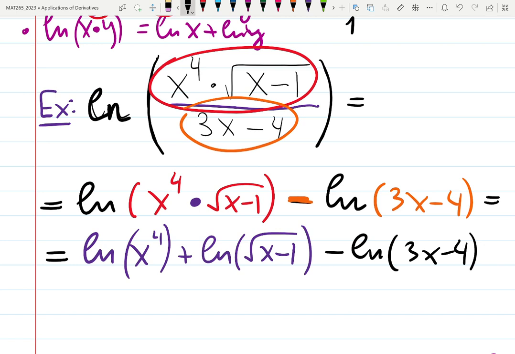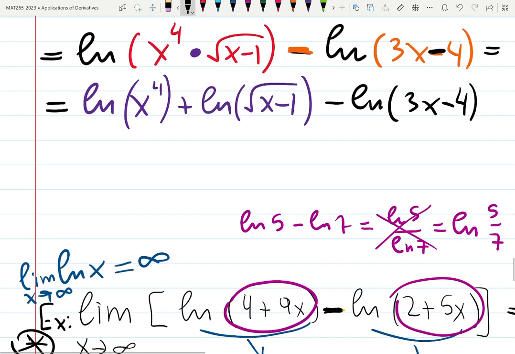There is no formula telling us what to do with sums or differences inside of the log. So whatever is inside should stay as it is if it's not a product or quotient. Still not done. The last rule to use is the power rule. It takes this power and puts it down.